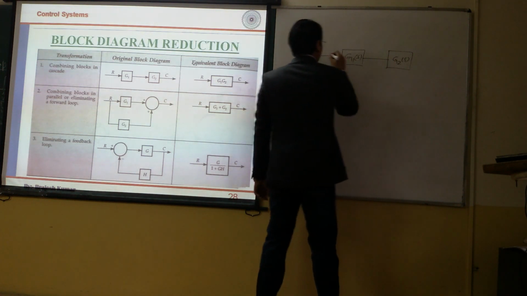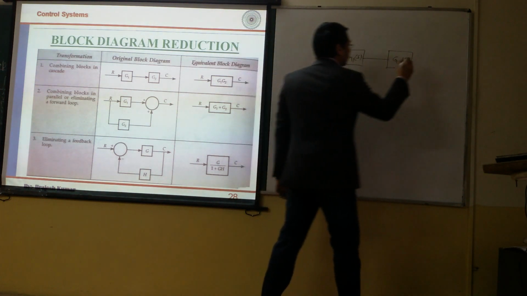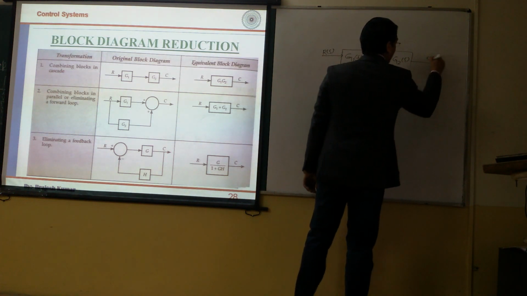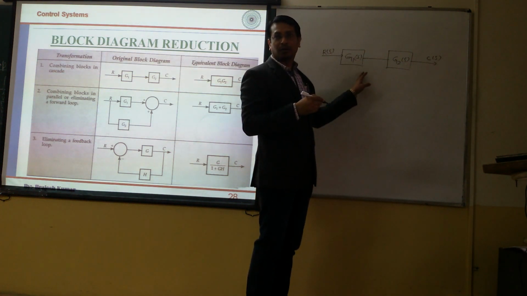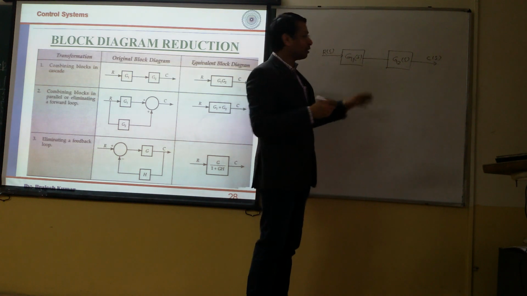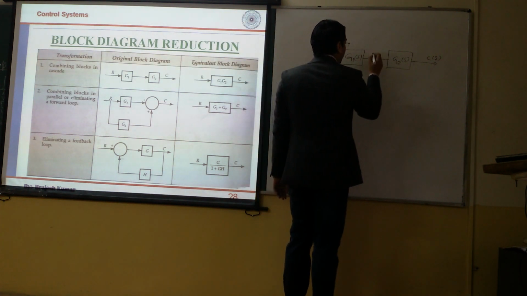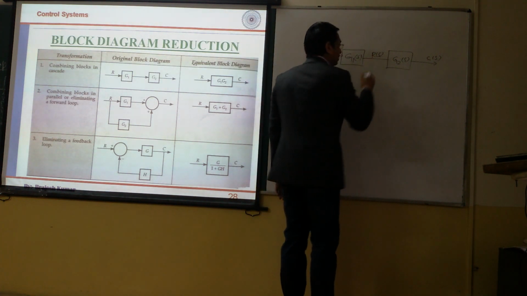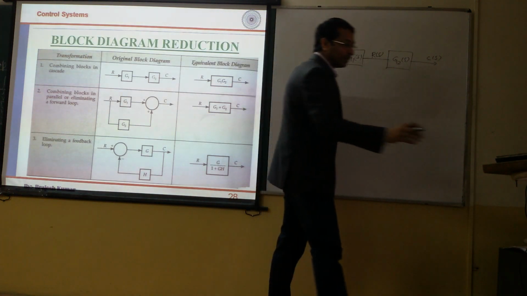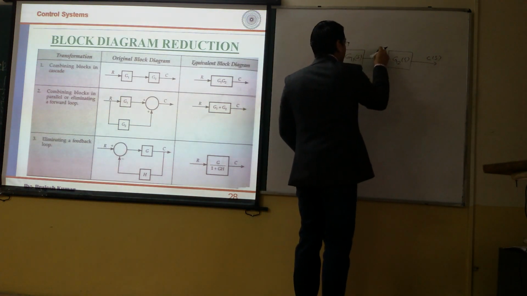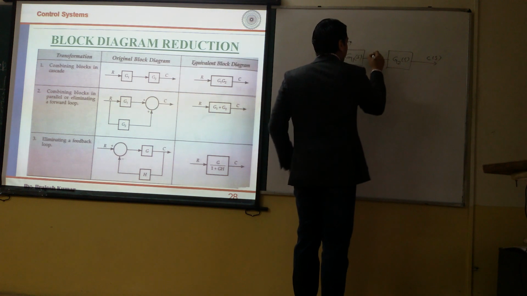Here R(s) is the input and C(s) the output. If you want to reduce this block, you will take a temporary variable A(s), and you are going to remove this A(s) block.